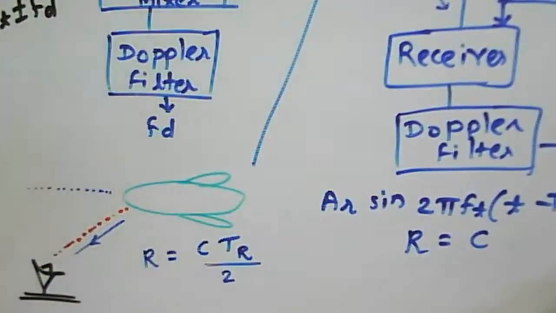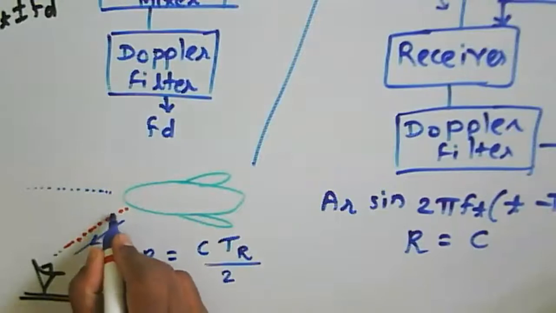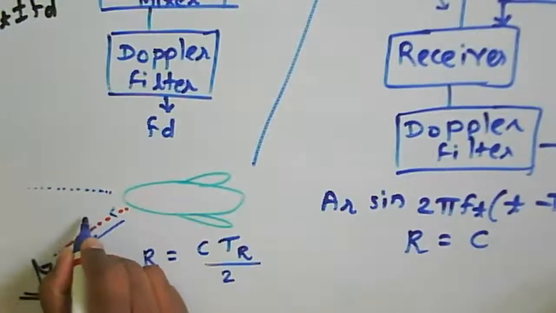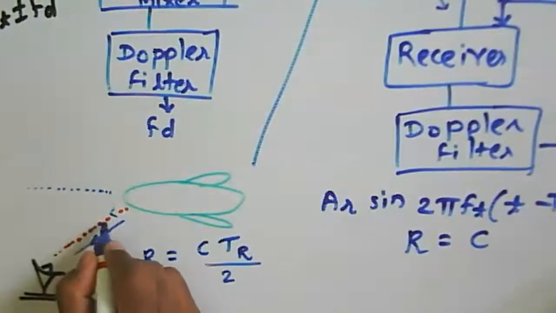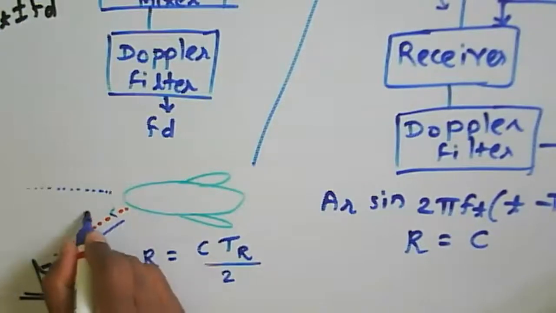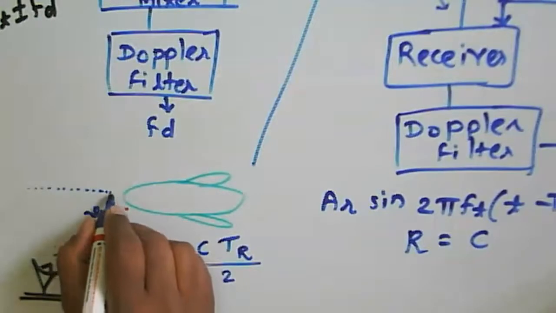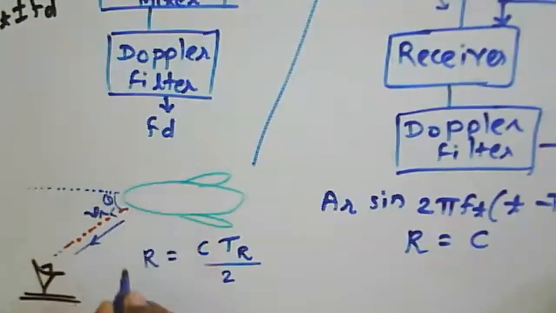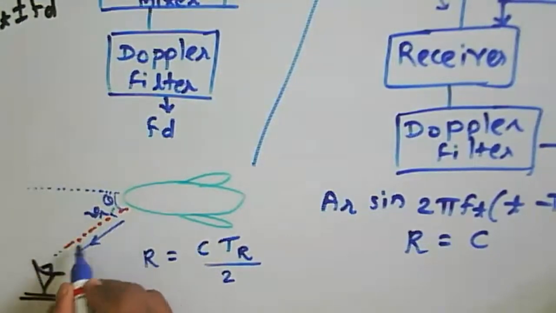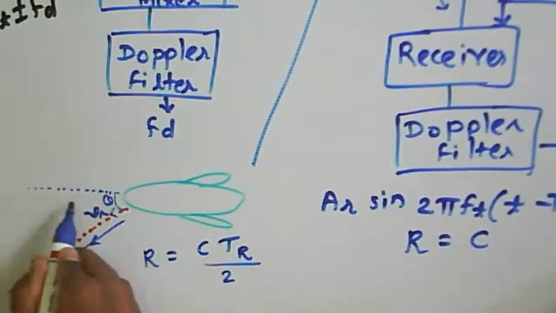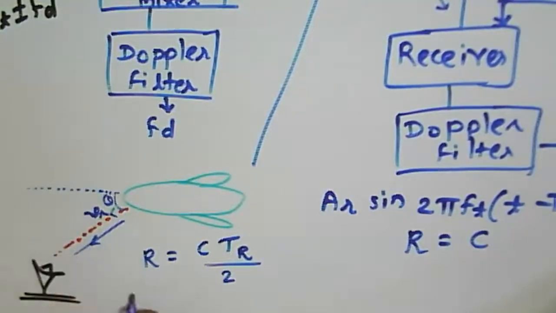That Doppler shift frequency depends upon the radial velocity. This target has some radial velocity, which depends upon the angle theta it makes with the line of sight and the actual direction of this target.